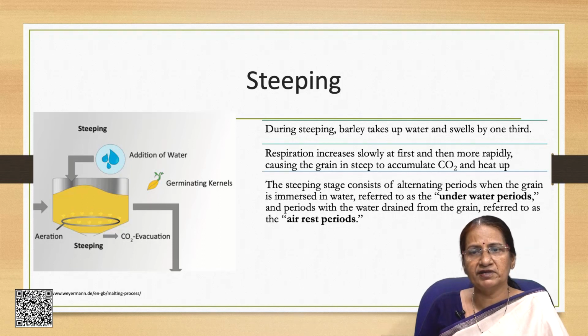This is aggravated by the action of microorganisms associated with the barley. The steeping stage consists of alternating periods when the grain is immersed in water, referred to as the underwater period, and periods with the water drained from the grain, referred to as the air rest periods. This combination is required to promote and maintain the efficiency of the germination.